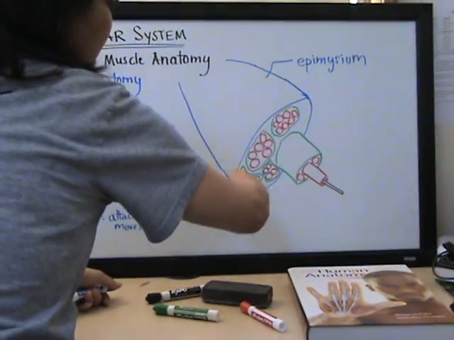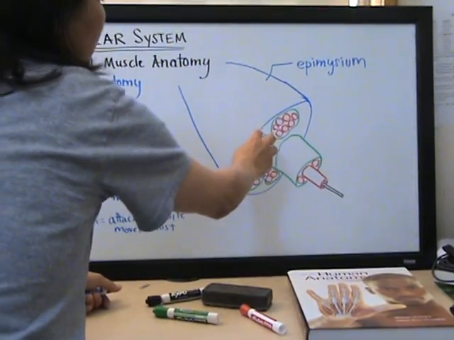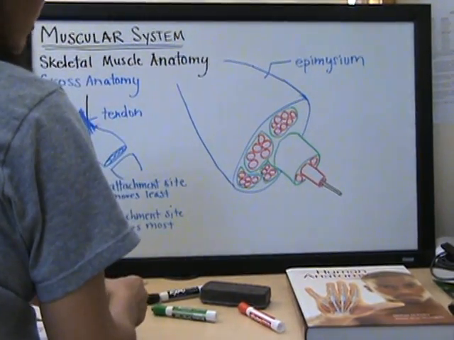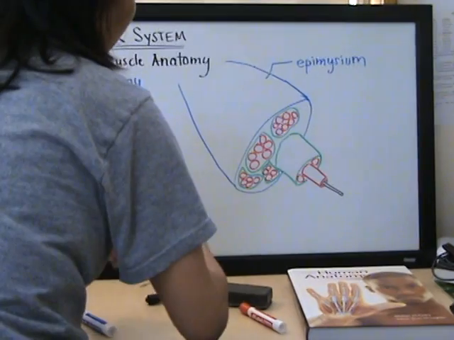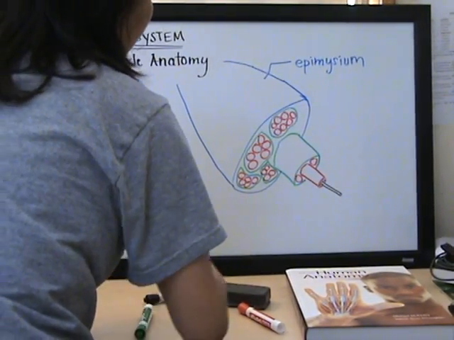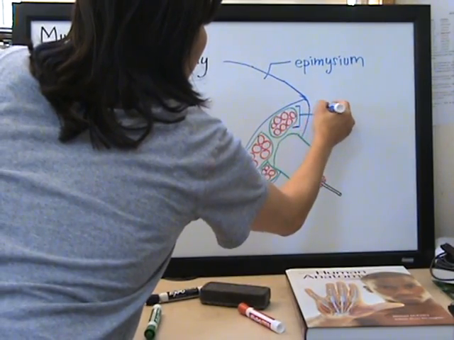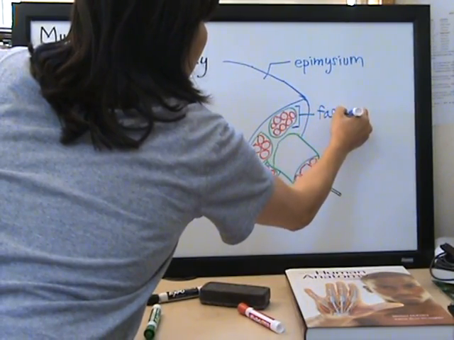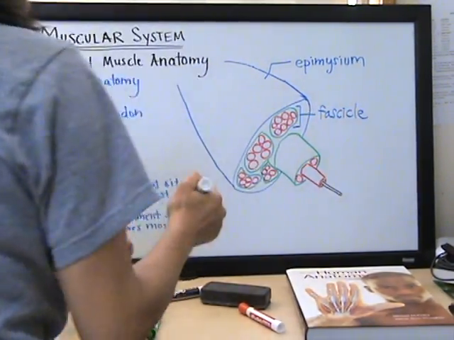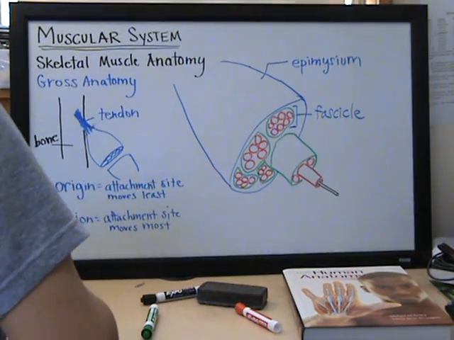The whole muscle then can be divided up into individual sections called fascicles. So each one of these sections here is called a fascicle.